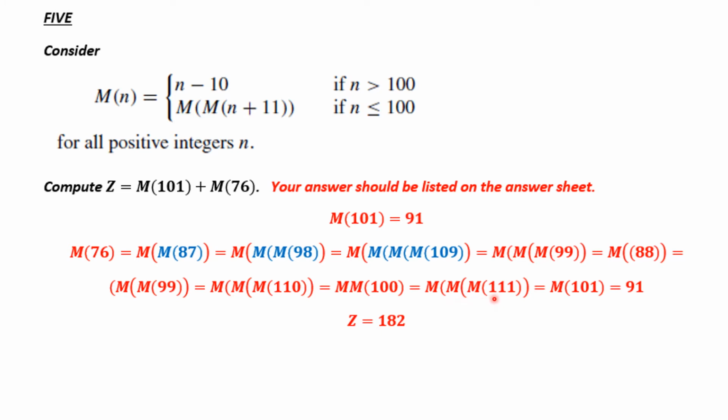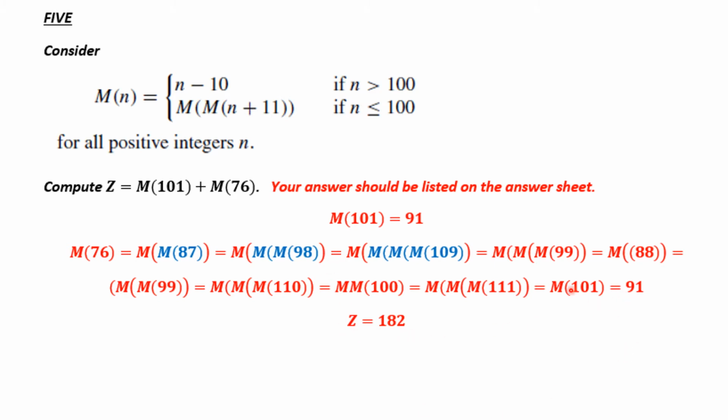And this then is the same thing as this part right here. M of 111 is 101, and so that ends up being M of 101, and when you subtract, that's more than 100, you get 91.